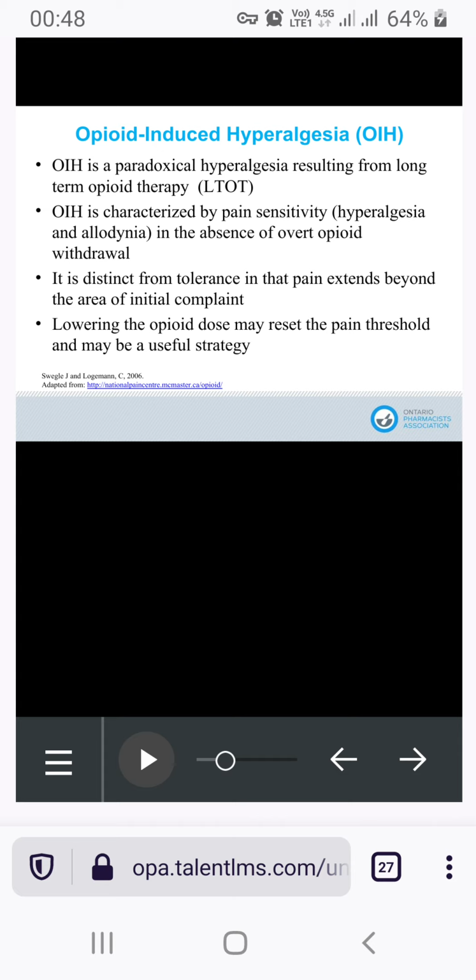It is distinct from tolerance in that pain extends beyond the area of initial complaint. Lowering the opioid dose may reset the pain threshold and may be a useful strategy for opioid-induced hyperalgesia.